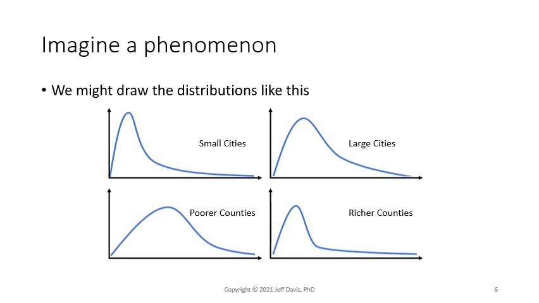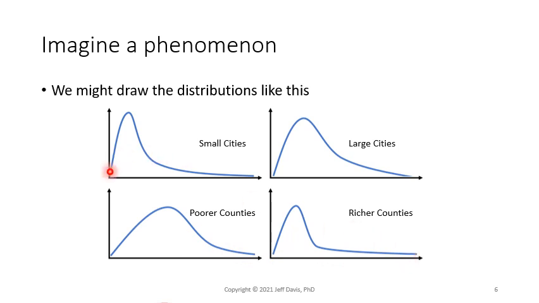So if I were to draw these out, for small cities we might have something that looks like this, where most of these small cities are clustered down at the lower end of the crime rate. Okay? So we have this axis here, and we have the arrow going from left to right. So the low values are down here, the high values are up here. And that's the case for each of these.